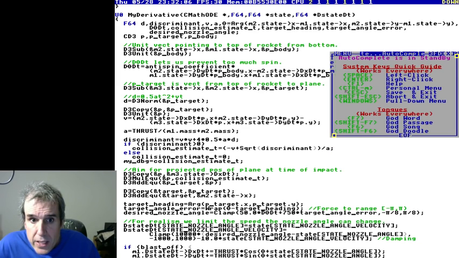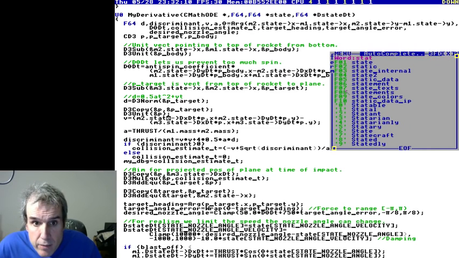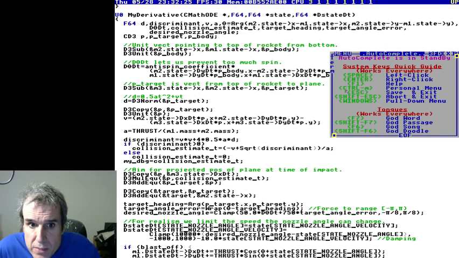So we do another copy. Then we make it a unit vector. And v, what is v? It's some kind of velocity, isn't it? What are we dealing with here? Acceleration and velocity, or something like that.